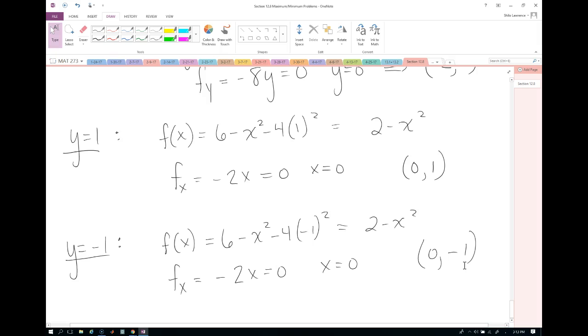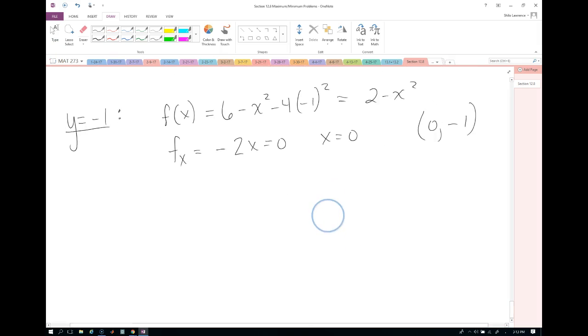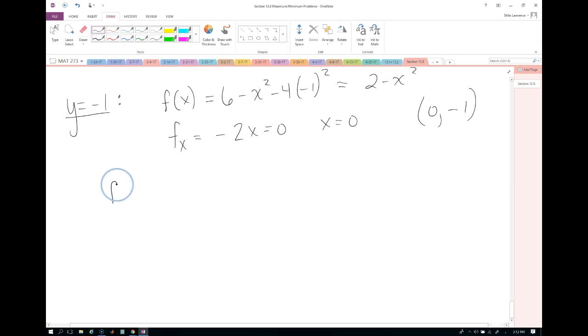Now, since I ran out of room in my original list, I'm going to make a new list here. And we're going to have to check all of these points in the original function. So I'm going to write that again. 6 minus x squared minus 4y squared.